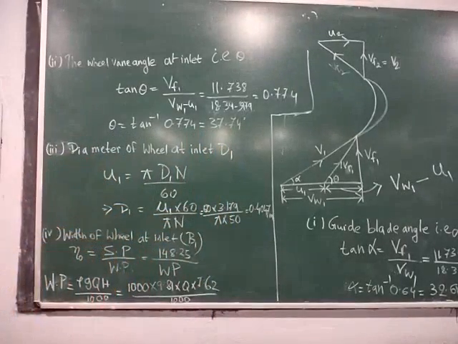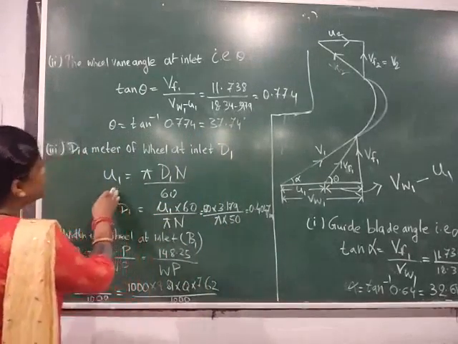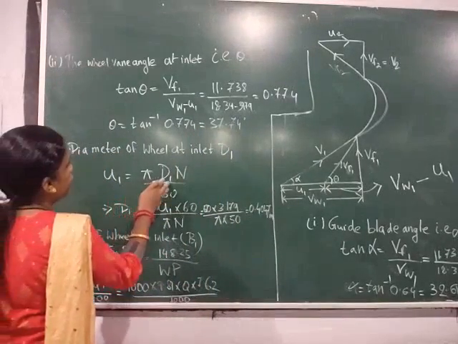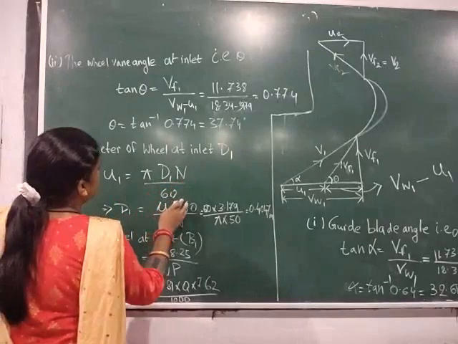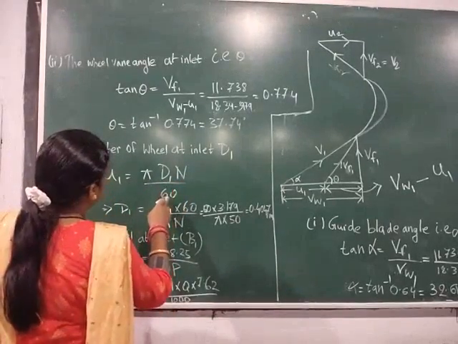Next is your diameter of the wheel at inlet. As you know the formula, U1 is equal to pi d1 N divided by 60. So what is d1 then?